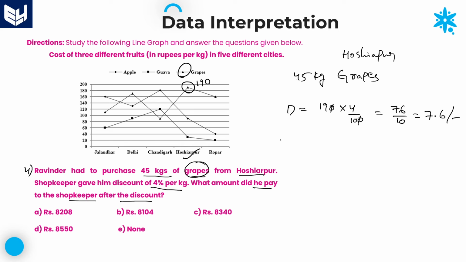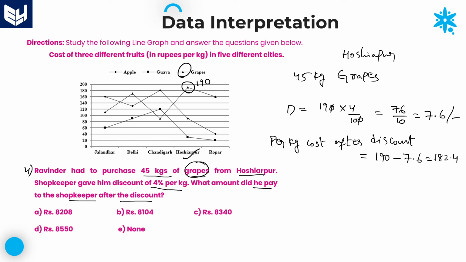So, the per kg cost after discount is equal to, before discount the value is 190 rupees per kg. After giving 7.6 rupees of discount, the value becomes 182.4.